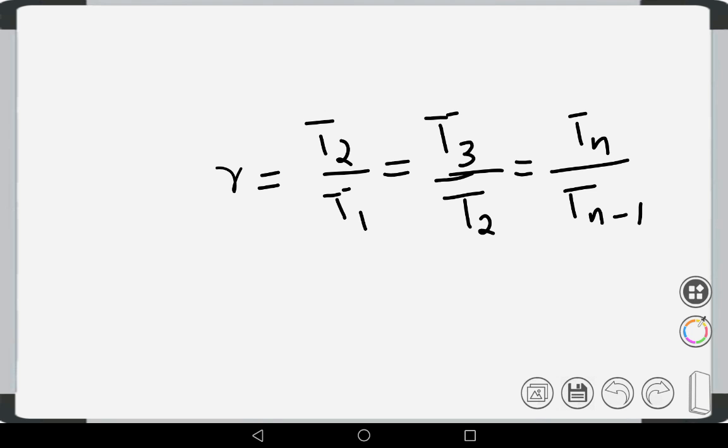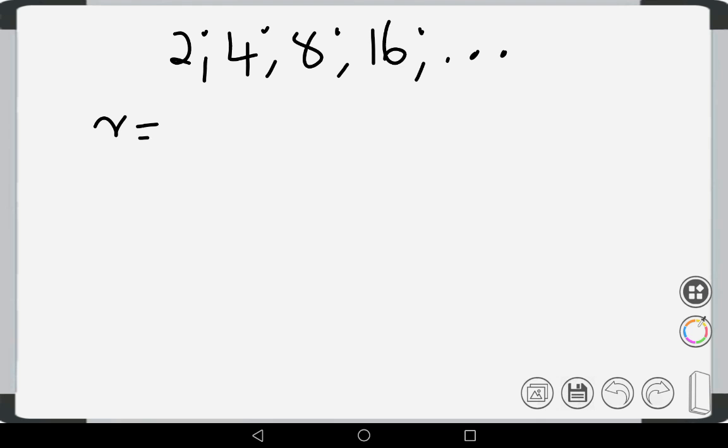So let's go straight to the example. Let's say you have a sequence 2, 4, 8, 16, going forward. Now we have to get the general formula for this sequence. The first thing you're going to do is get r.